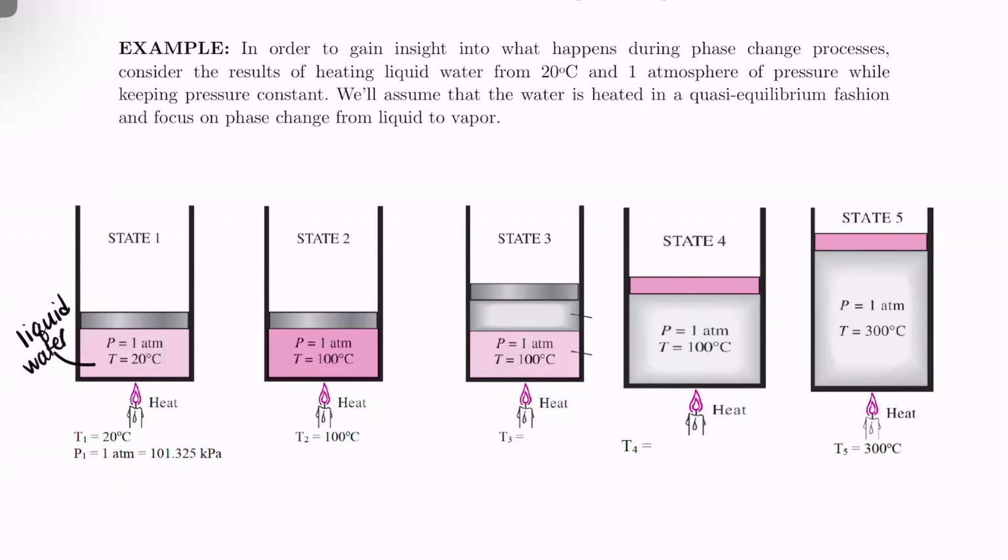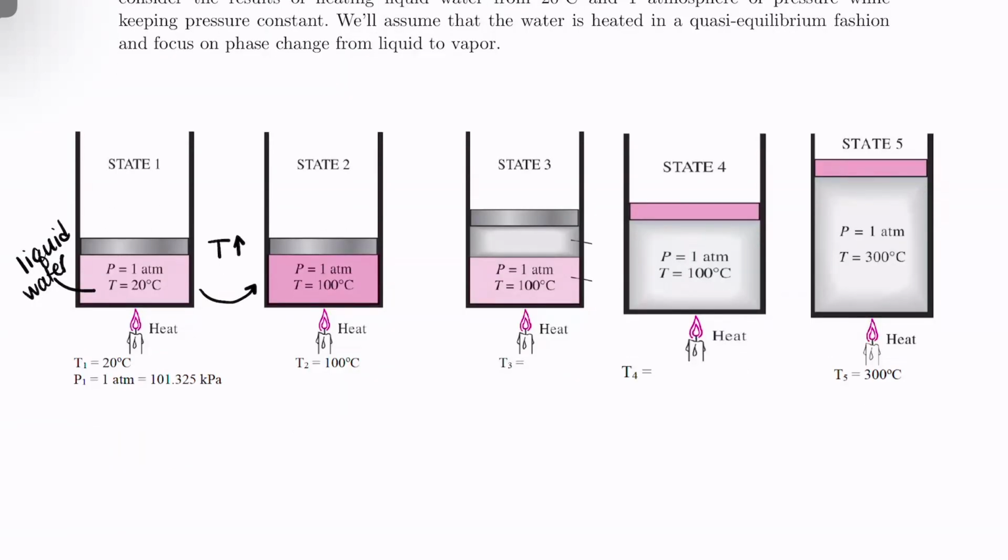The temperature is then going to go up between state 1 and state 2. So when we get to state 2, we still have our 1 atmosphere of pressure, but now our temperature is up to 100 degrees C. And this is water. Can anybody tell me what might be happening here?